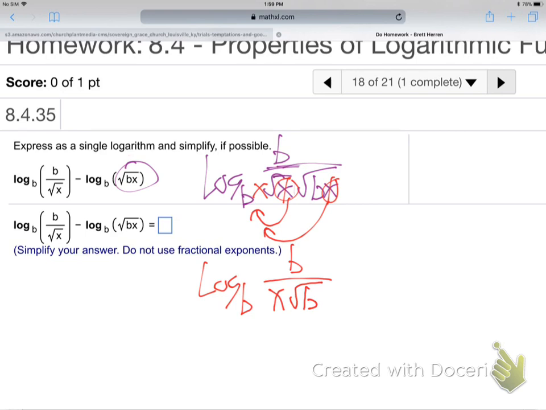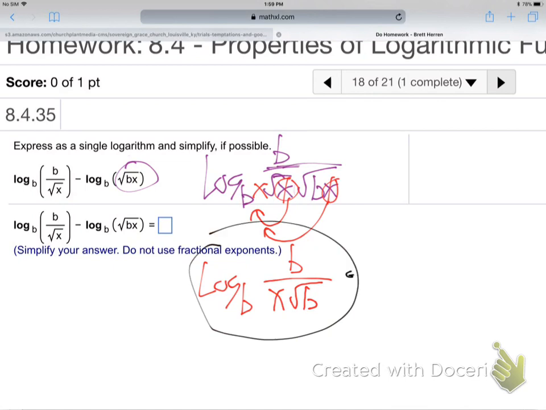Really? Simplify your answer. Do not use fractional exponents. Wow. Let me show you what else you could do. My question is which way do they do the multiple choice answers on the test? I don't remember. So this is okay, obviously.